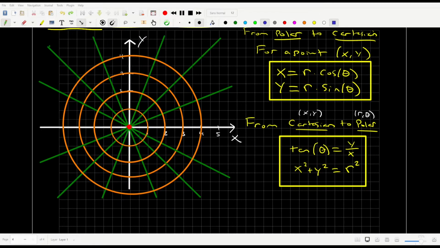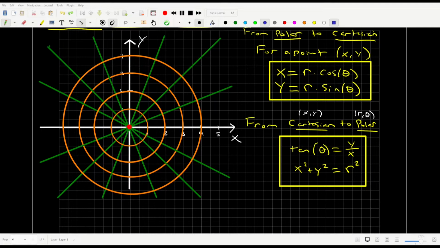Now, it's really important for me to point out that polar coordinates in general are not unique, because we can allow for many different possible polar representations of a given point. Cosine and sine functions repeat themselves after an angle of 2 pi.